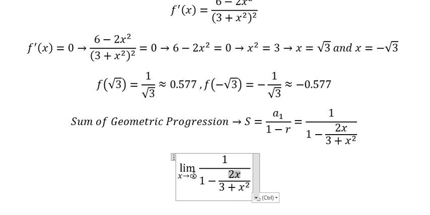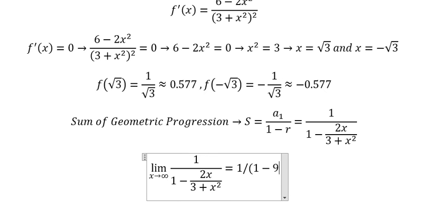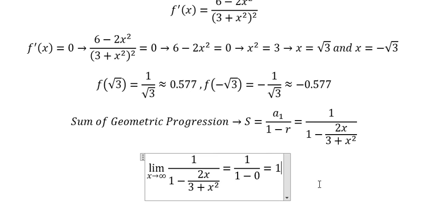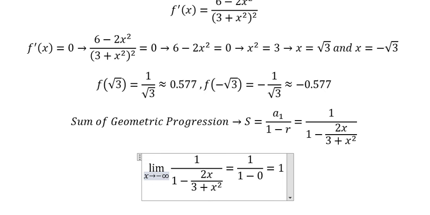When s approaches positive infinity, this one you get 0. So the sum is 1. Now if we go to negative infinity, they still have the same.